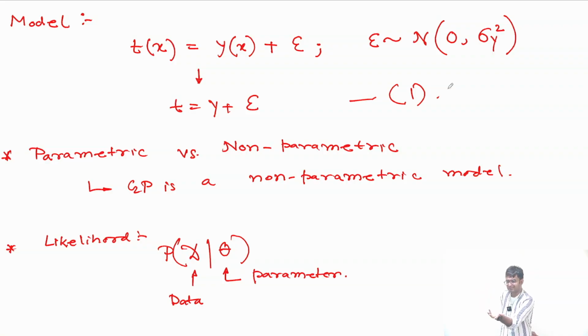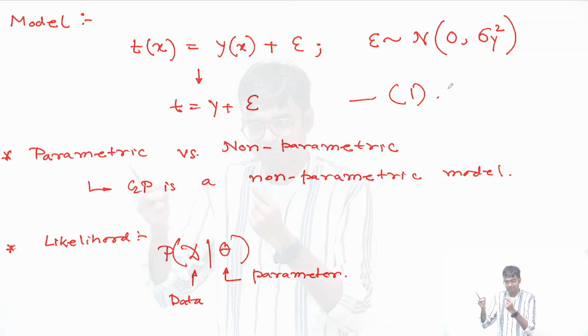You know it's noisy, but you don't know the variance of the noise, right? So those are the unknowns. What is known? t and x. I've not written it, but x is also known because (x, t) is the pair. So what will be the likelihood then? Probability of t given y comma x comma sigma y square.